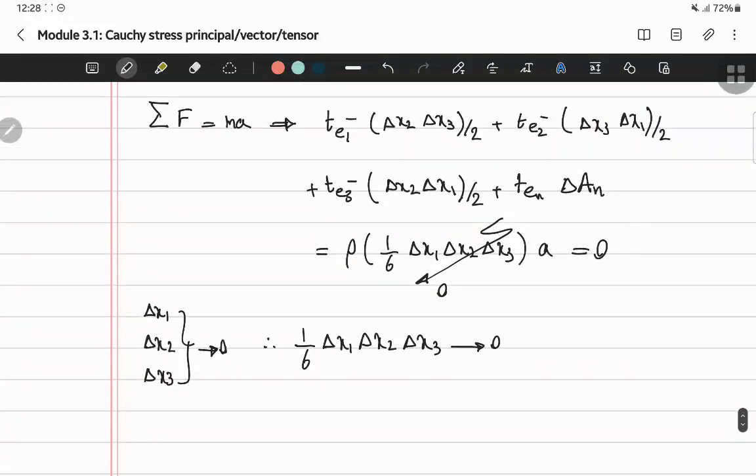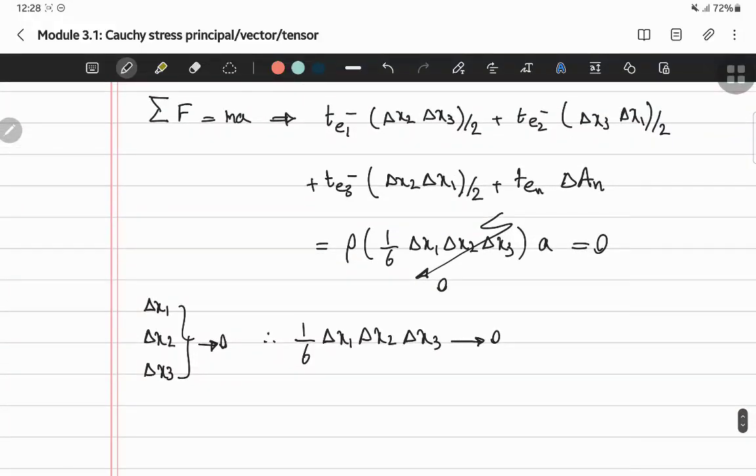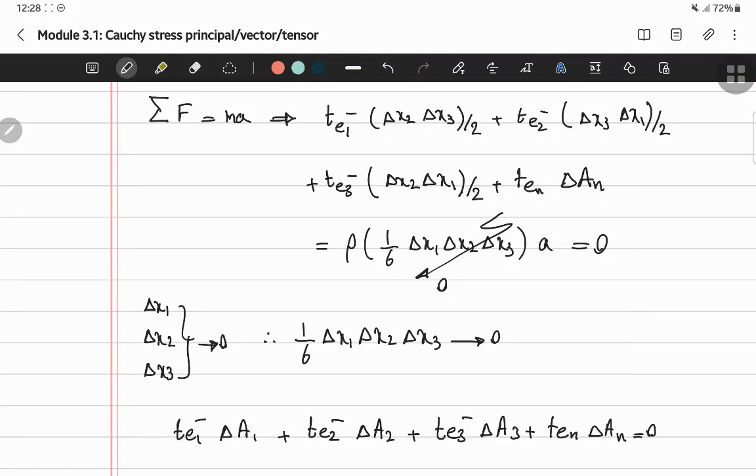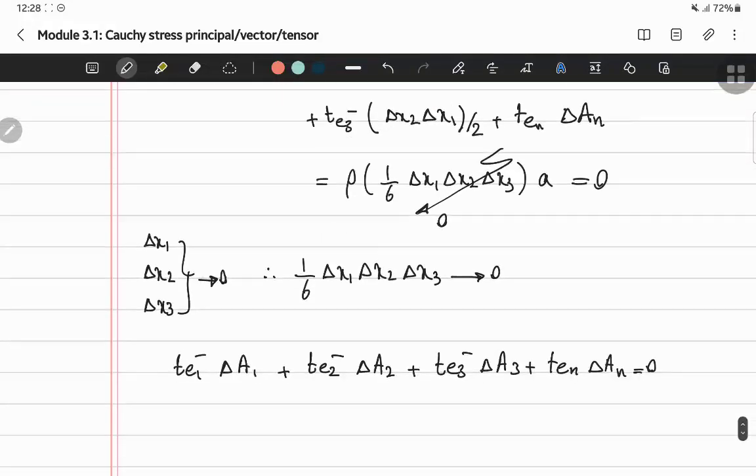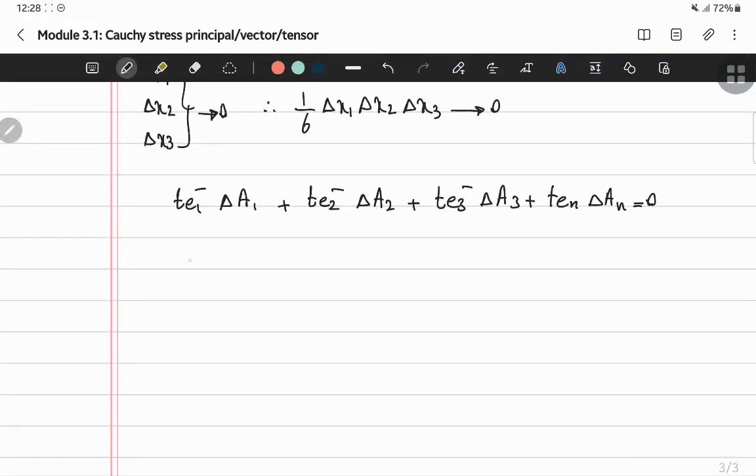So then what we have is T E1 minus del A1, plus T E2 del A2, plus T E3 minus del A3, plus T En delta An is equal to 0. We also have this normal vector here, n.